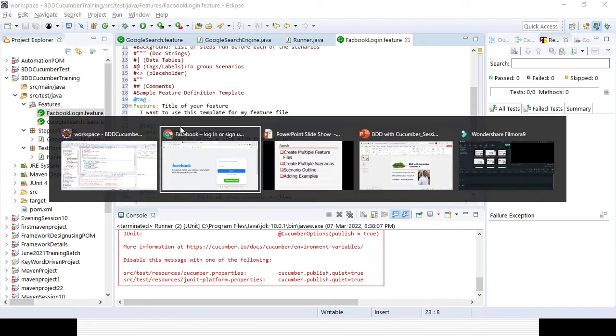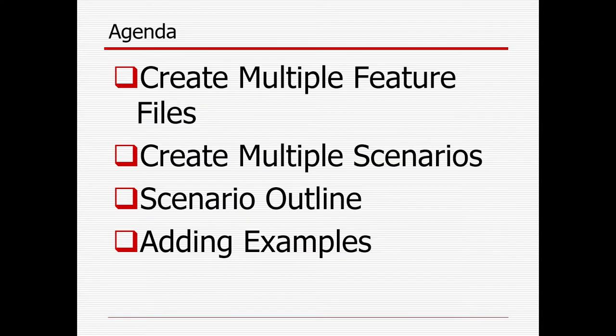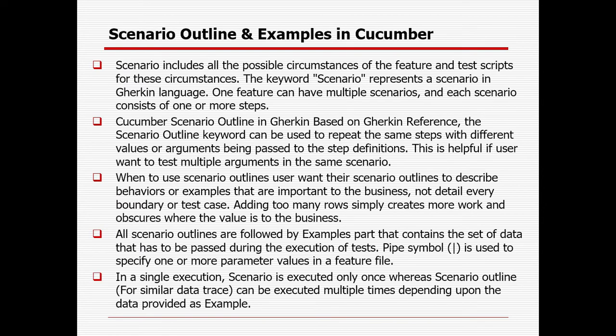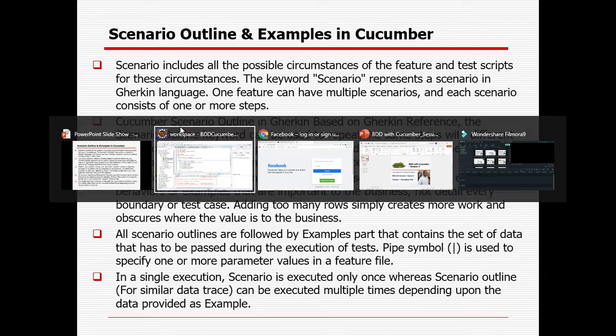So let's discuss today how we can use scenario outline and examples. A scenario includes all possible circumstances of the feature and tests for these circumstances. The keyword Scenario represents a scenario in the Gherkin language. One feature can have multiple scenarios, and each scenario consists of one or more steps.